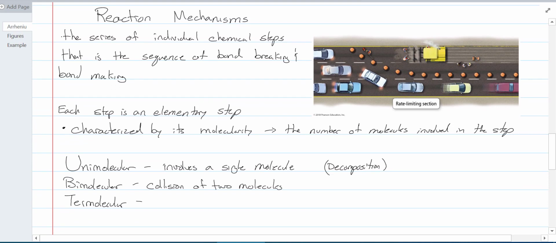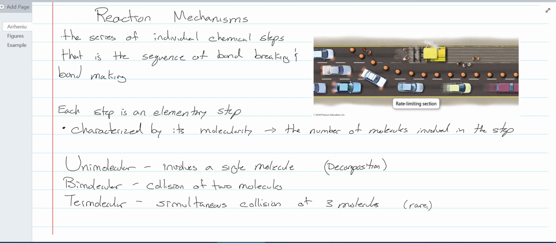And termolecular is the simultaneous collision of three molecules, which is somewhat rare. Right? That's a harder thing to do. Does it happen? Yes, but it's harder.